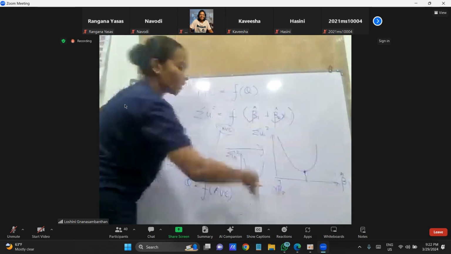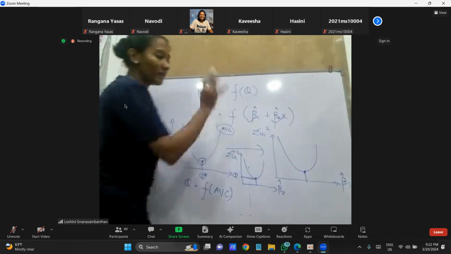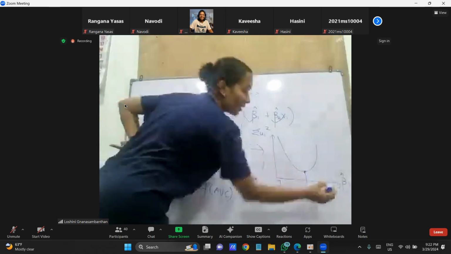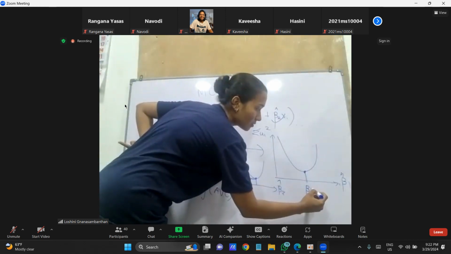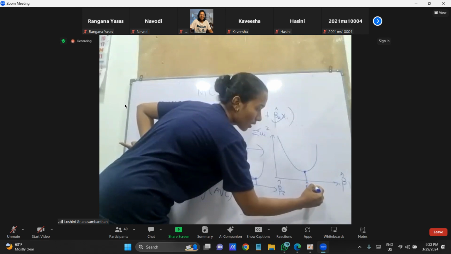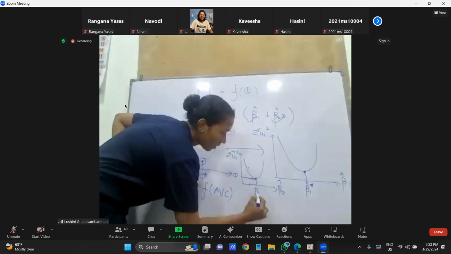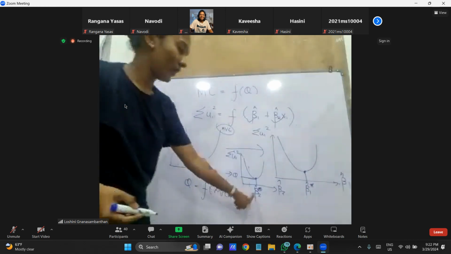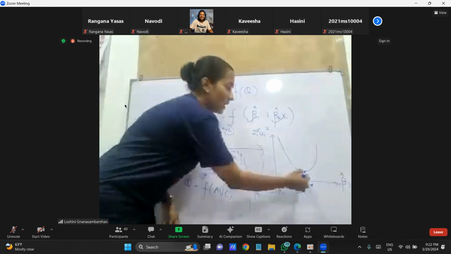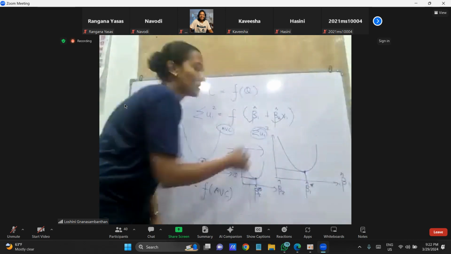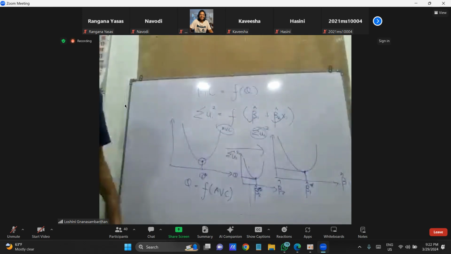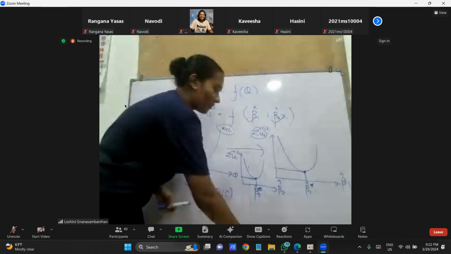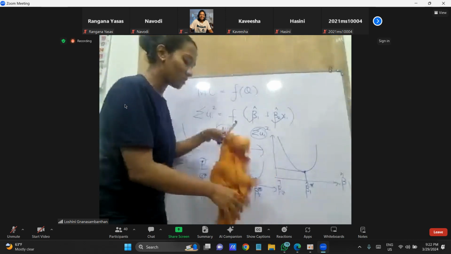That's why we have this problem. We are going to find beta 1 x square and beta 2 x, these two, which will result in the lowest sigma ui square. So that is what we are going to do from these equations.